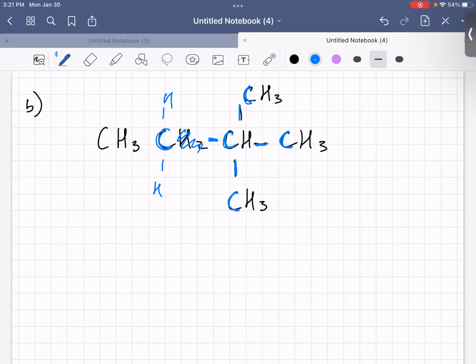This is 1, 2, 3, 4 bonds to carbon. So this hydrogen cannot be here. It should be some sort of mistake because the carbon can only ever have 4 bonds. We cannot have a pentavalent carbon. But yeah, so basically here, if you look at this, this is carbon 1, 2, 3, 4. So this is a quaternary carbon.